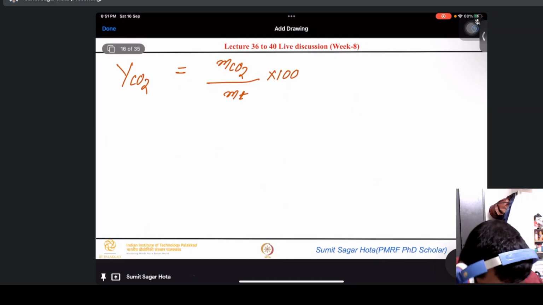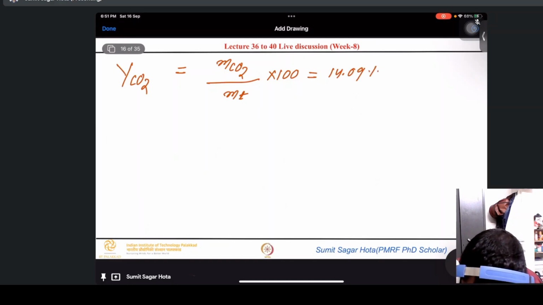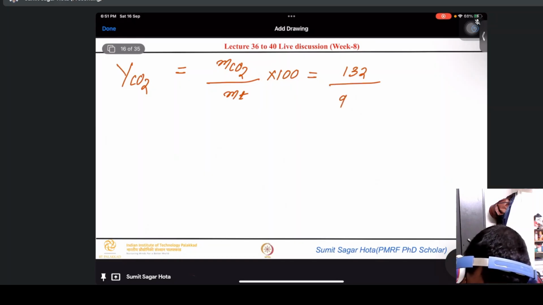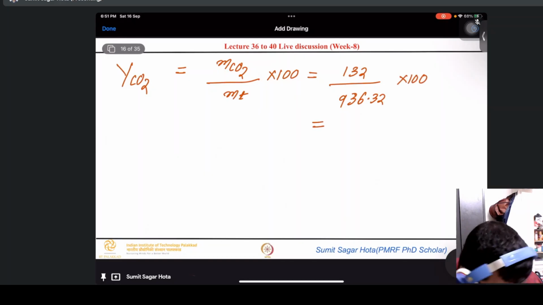The 100 means it's a percentage; if you don't write it, no problem also. Since the question asks for percentage, I am converting to percentage. So 132 divided by 936.32 into 100 is equal to 14.09.